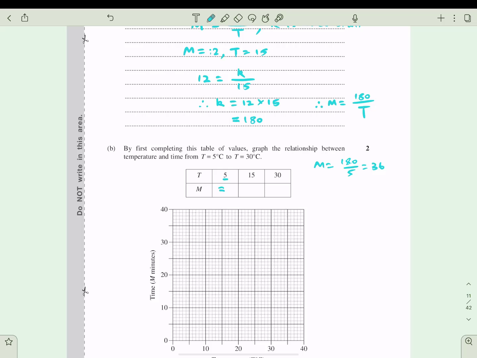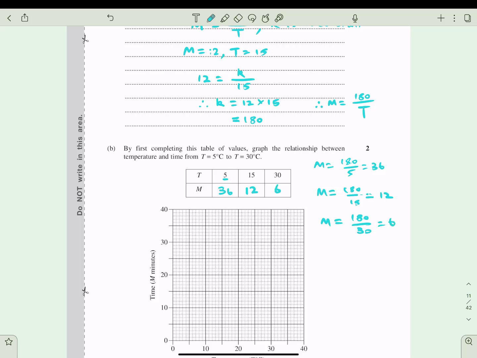So we can just sub that in straight away, 36. Now, when t equals 15, m equals 180 divided by 15, which is 12. So we sub in m equals 12. Now, when t equals 30, that's 180 divided by 30, so m equals 6.